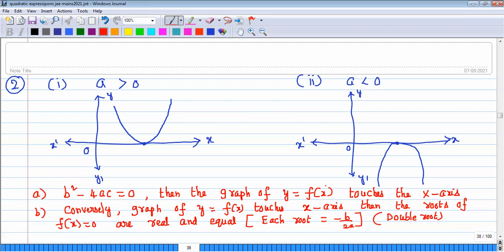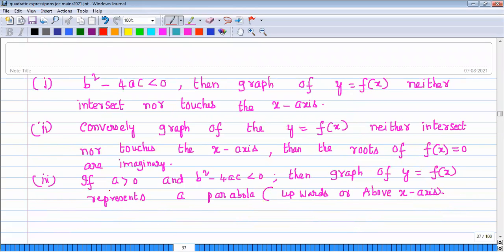And also one more point you can write. So here we can write like this. So in the last case, if a greater than 0, and one more point also we can write.